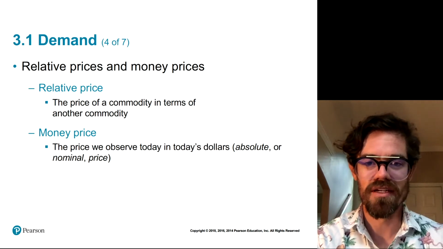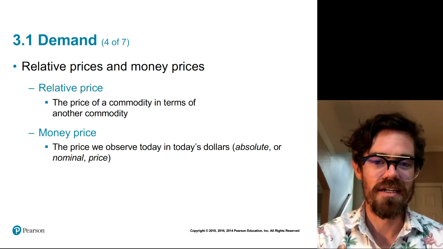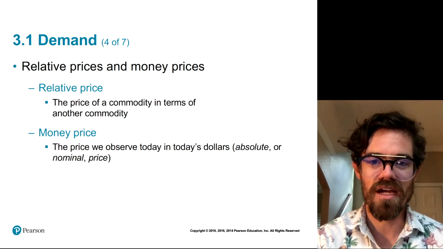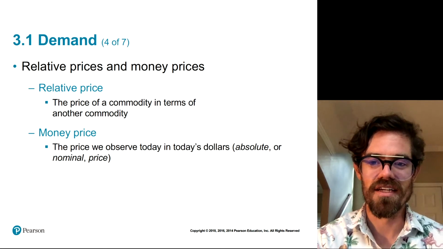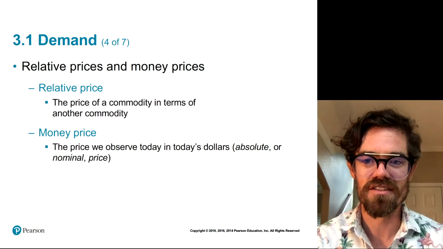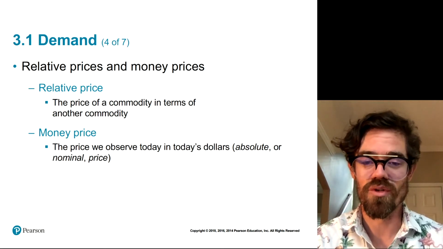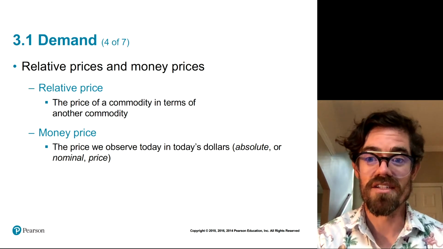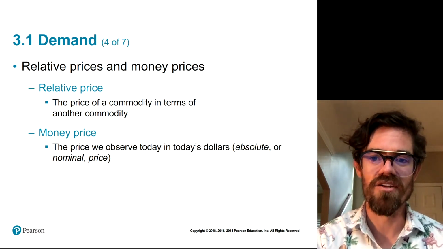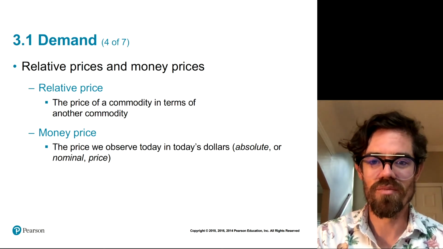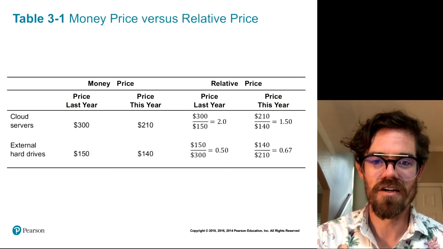A couple of inmates might trade toilet paper for cigarettes, and the one that has toilet paper might say, I'll sell you a roll of toilet paper for 3 cigarettes. Well, the relative price of that toilet paper is 3 cigarettes, right? So that's a relative price, when the price is expressed in terms of another commodity or good or service. Both of these are going to be important, and understanding the difference will be important as well.